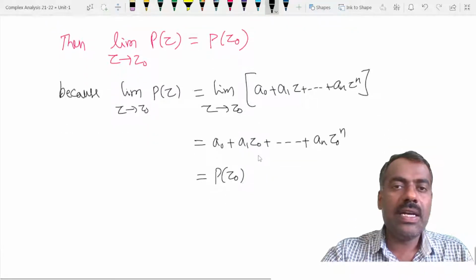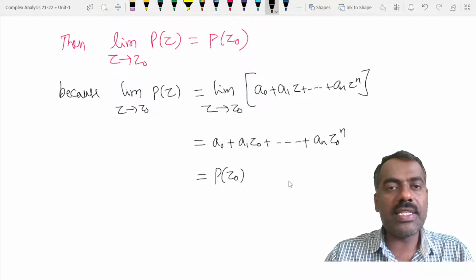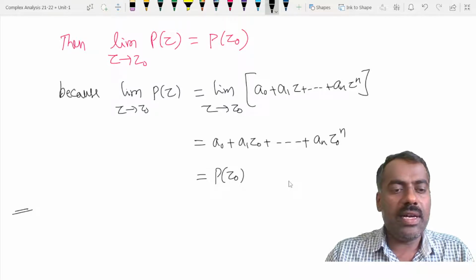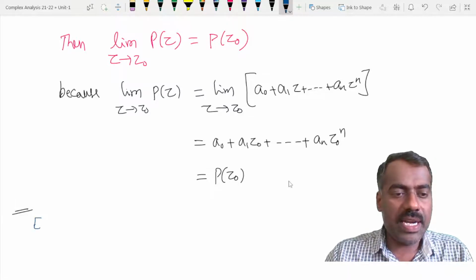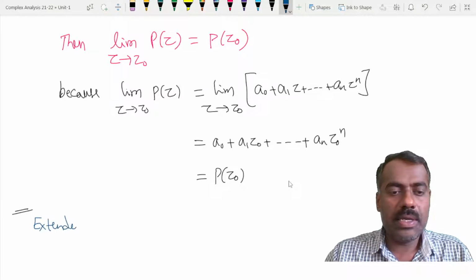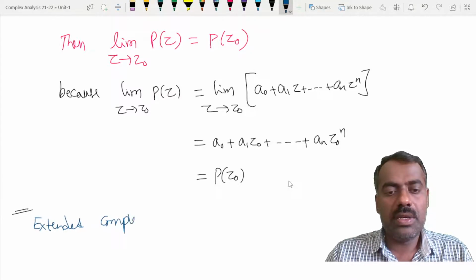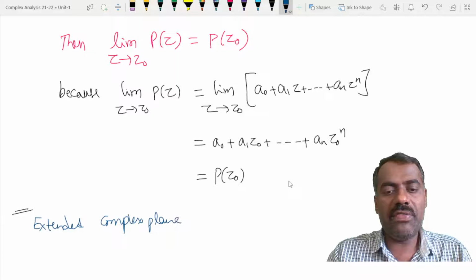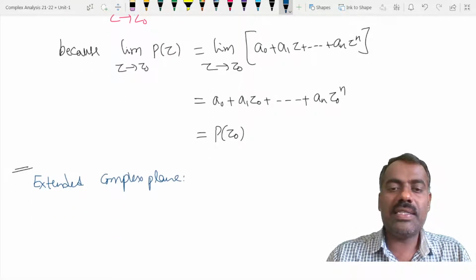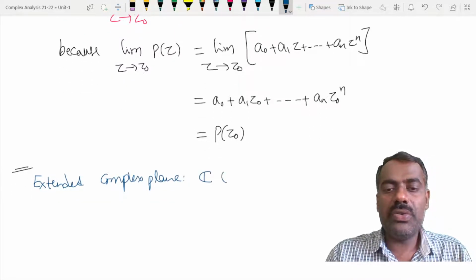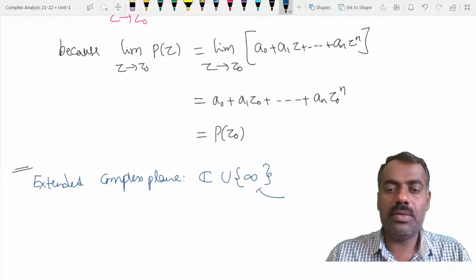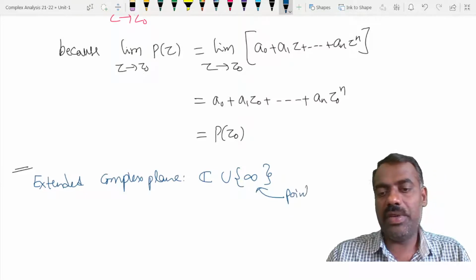So next class we'll see something interesting, or you can call it the extended complex plane. Extended complex plane, because most of the time we require this. So what it is, nothing but C together with this point, which is called the point at infinity.